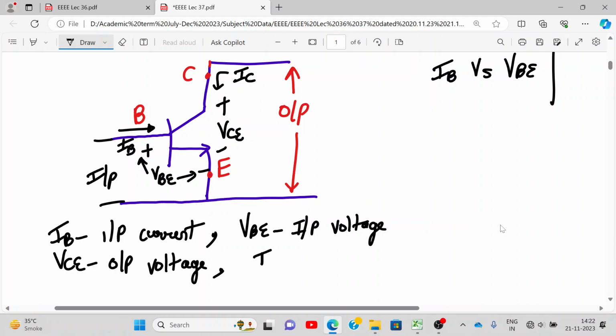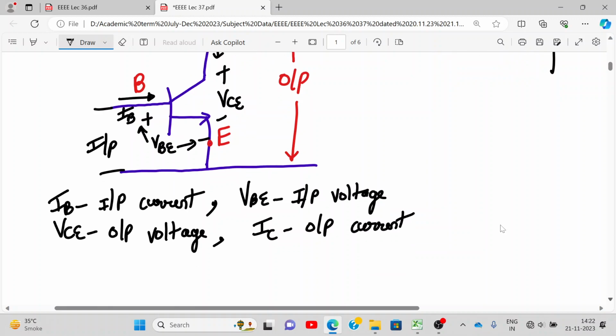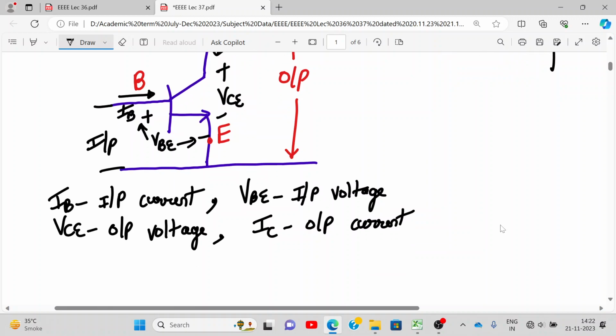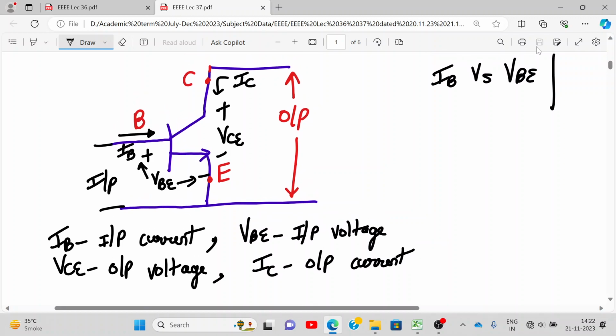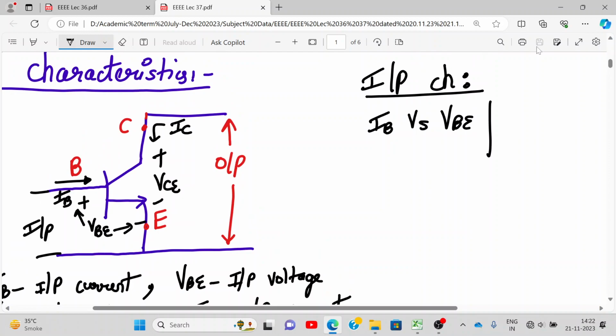IC, output current. Please write this down with this diagram. Is this clear? Okay. VBE is my input voltage, IB is my input current, VCE is my output voltage, IC is my output current. So what is input characteristics? Input current versus input voltage at constant output voltage. And what is the constant output voltage? At VCE constant. Yes or no?